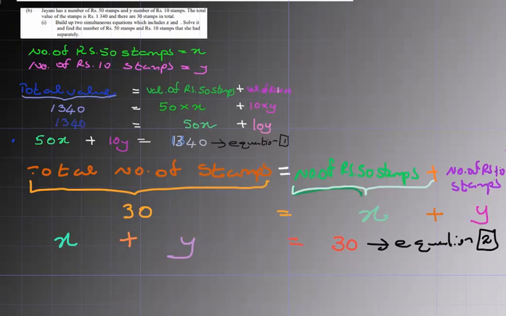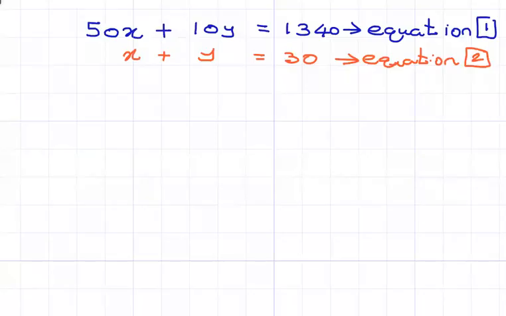All right. So now we got to solve this pair of simultaneous equations. We have equation number 1 and equation number 2. So it's a pair of simultaneous equations. So let's see how to solve them. So now what I've done is I have written both the equations one under the other.